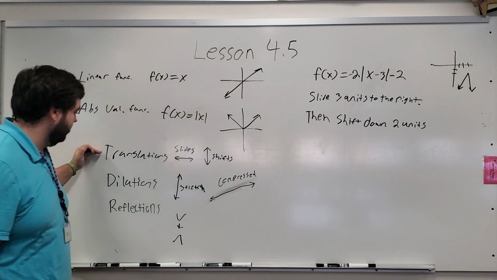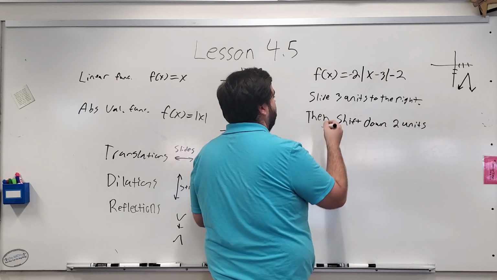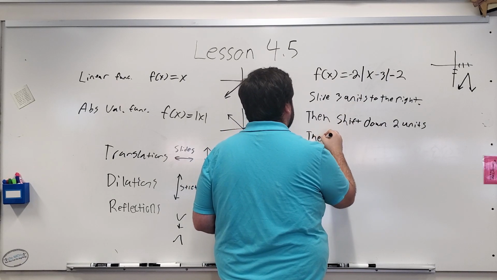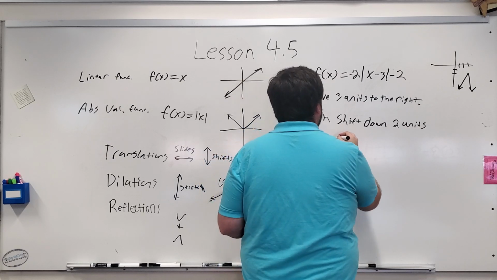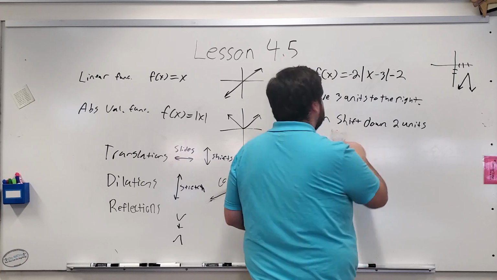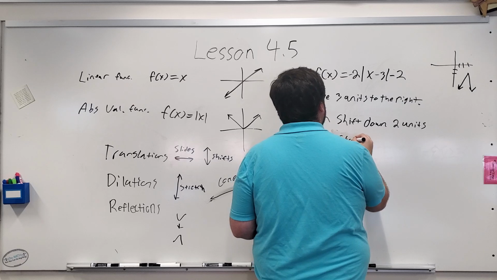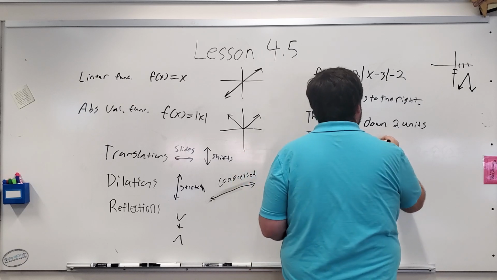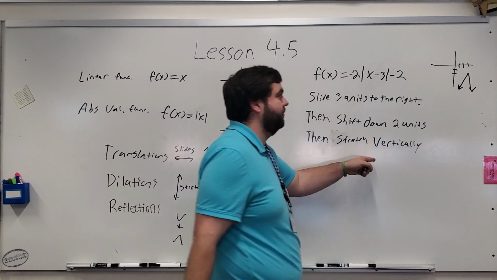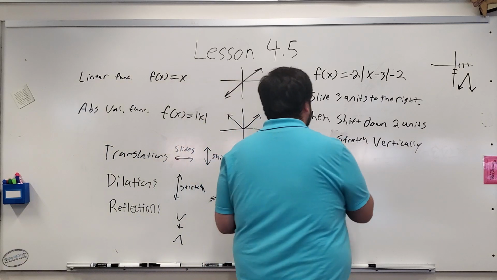I like to go in order. So next would be dilations. Well, I'm going to dilate it by stretching it, okay? Because my slope is increased. All right, so then stretch, and it's vertically, and this is important, you must have that it's a vertical stretch, because there is such a thing as horizontal stretch.